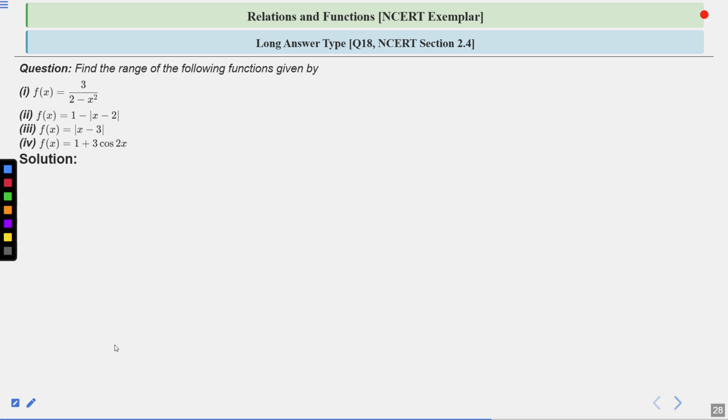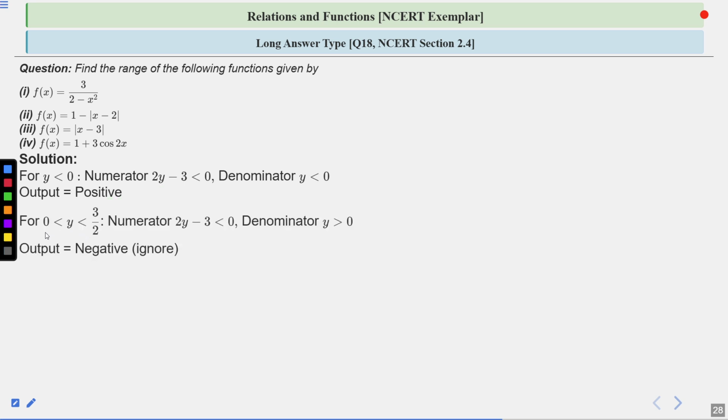Now for y negative or less than 0, the numerator is negative and the denominator is also negative. The actual output, numerator by denominator, both negative, gives me a positive output. Now for y greater than 0 and less than 3 by 2, the numerator is negative and the denominator is positive.